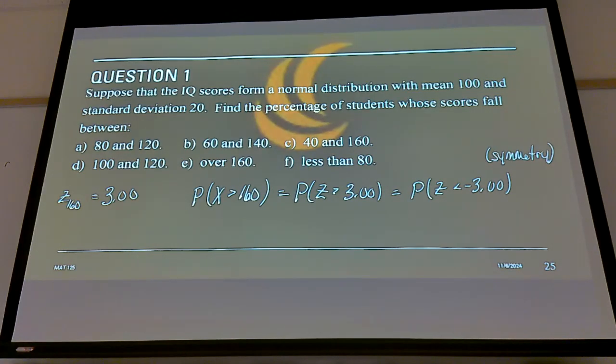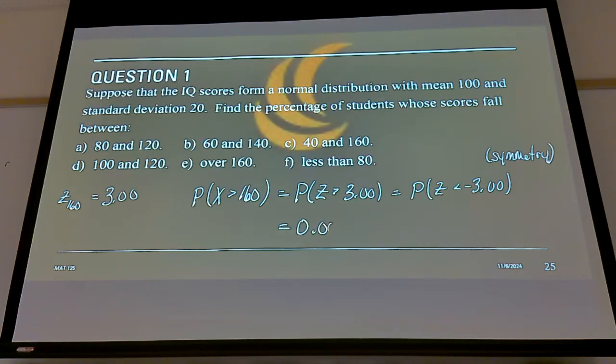Instead of doing 1 minus the probability of z less than 3, I can just look in the chart for less than negative 3.00. But we did do that. We already saw that. It was 0.0013.